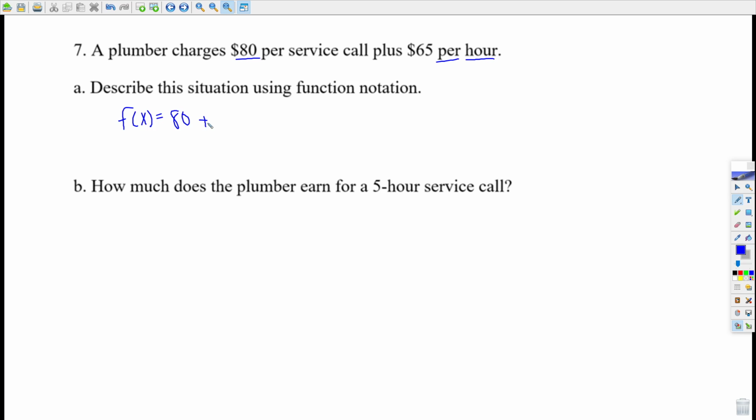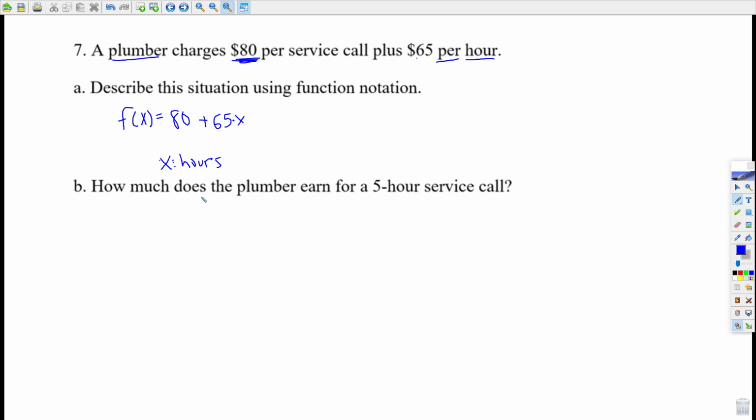We remember we kept making expressions for that. It's the same idea. We start at $80 for every call, but then you get paid $65 per hour, so plus $65 times x. And if we wanted to label this, x stands for hours. Depending on the number of hours will depend on how much money the plumber gets for working. So it's $80 just for the service call, and then $65 per hour on top of that.